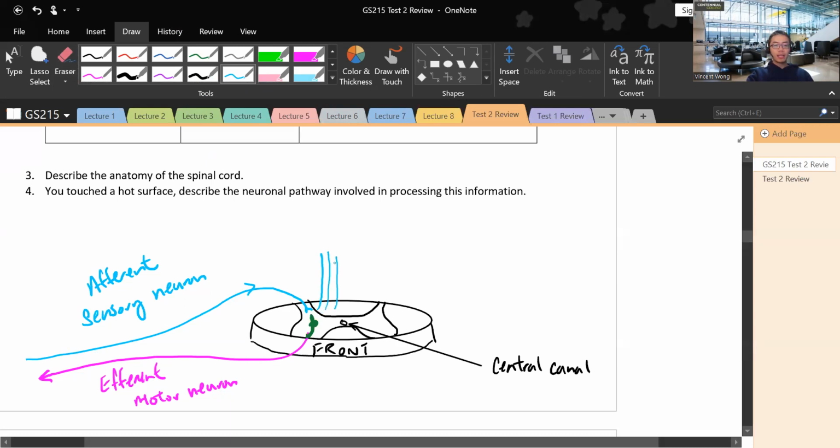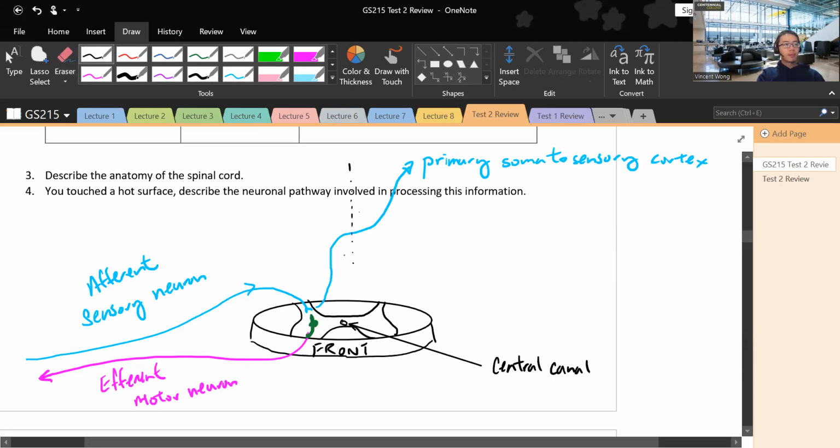It's going to go up in these tracks. I'm just going to draw one so it's not too overwhelming. So it's going to cross the middle, and then it's going to go to the primary somatosensory cortex. Okay, do we know where it crosses?